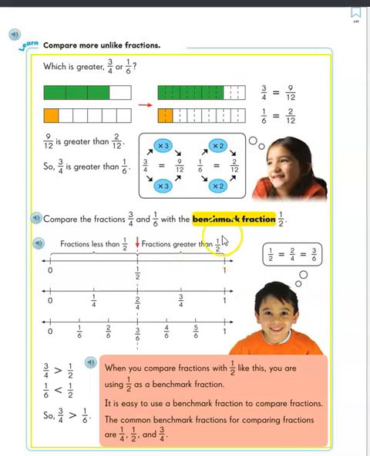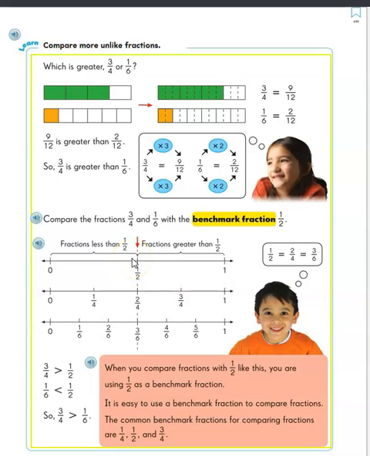So a benchmark fraction, one example of that would be the fraction 1/2. And the reason we use 1/2 is because we always know where 1/2 is, right, guys? It is exactly right in the middle of our 0 and our 1. Okay, and 1/2 is always right in the middle of whatever it's measuring, right?